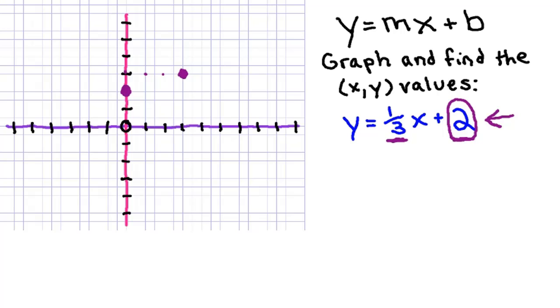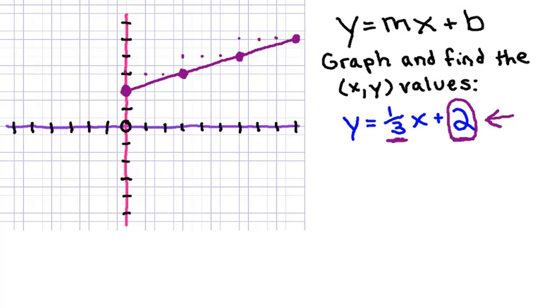And so now we can graph this. If we want to take this line out further, and you don't have a ruler, we can just count the slope again. Up 1, over 3. 1, 2, 3. Put another dot. Then up 1 over 3 again, put another dot.